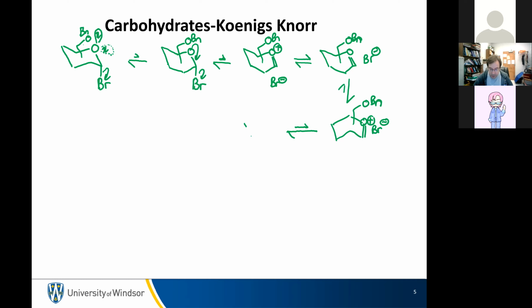Why is this favorable suddenly? Why am I drawing this going towards the product? Well, because anything charged is always worse than anything not charged. Like conformations are bad and everything, and it's awkward and all axial.